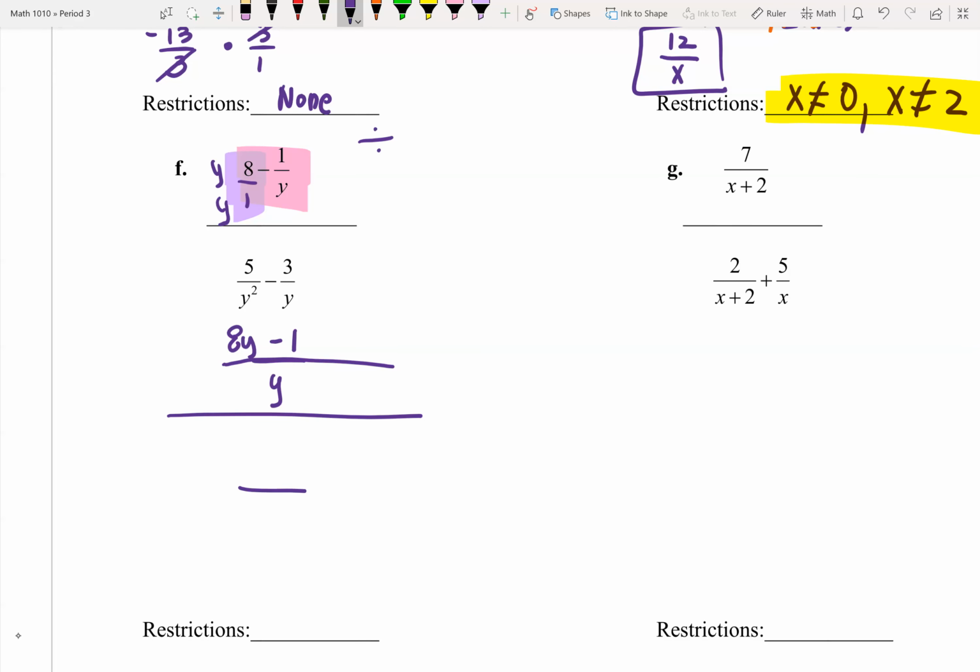On the bottom, common denominator, everybody tell me what that would be. Y squared, okay? So I'm looking here, and then specifically I'm looking at that guy right there. He has the y squared, so it's a 5. The second guy right here has a y, but he's missing a y, so that would be negative 3y.